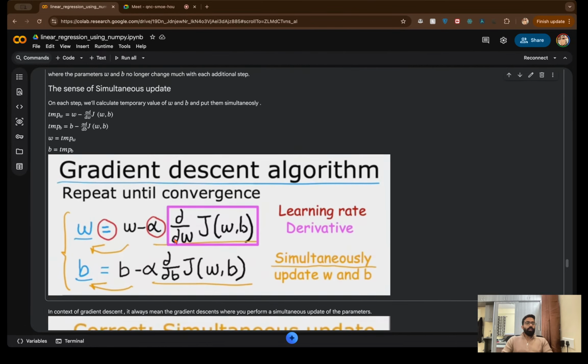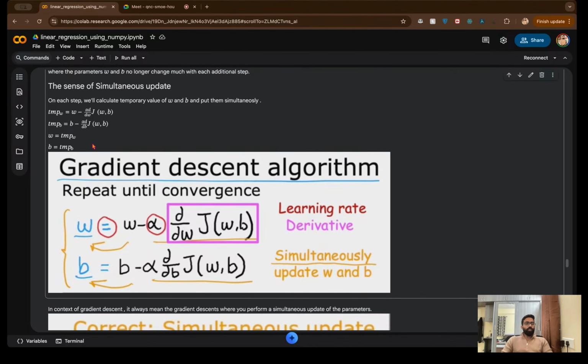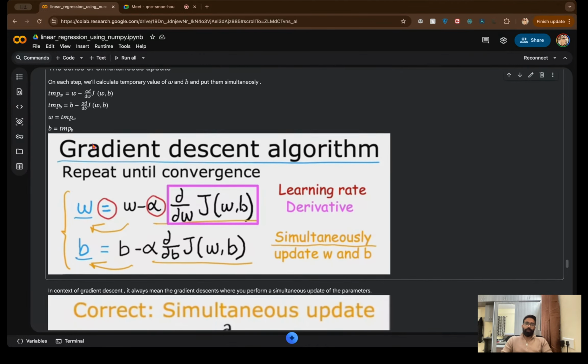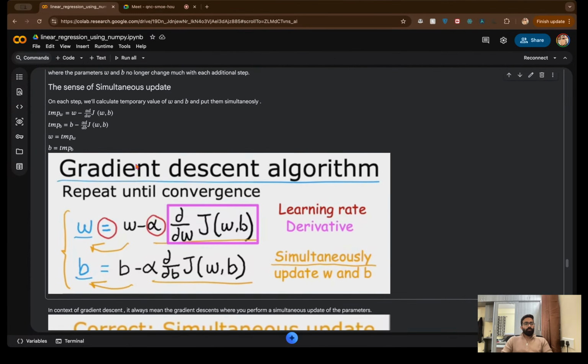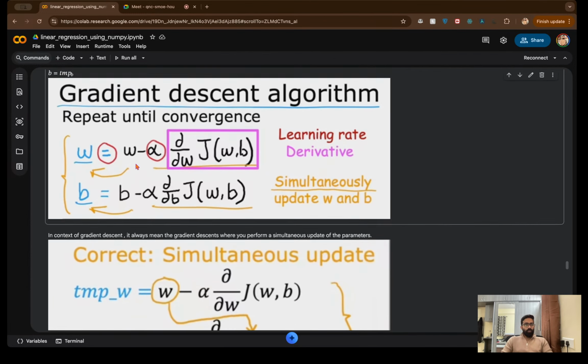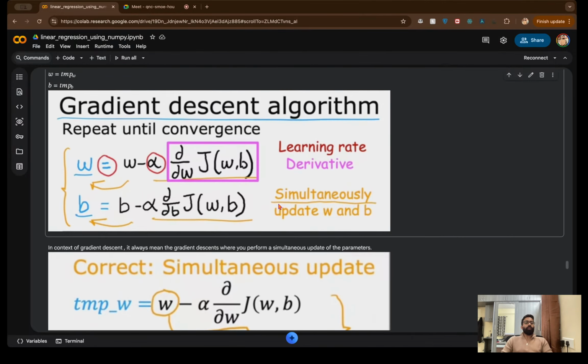I mean temp w is equal to w minus alpha dJ by dw of J(w,b), and temp b is equal to b minus alpha dJ by db of J(w,b). Now w is equal to temp w and b is equal to temp b. Simultaneously we will update the values of w and b.